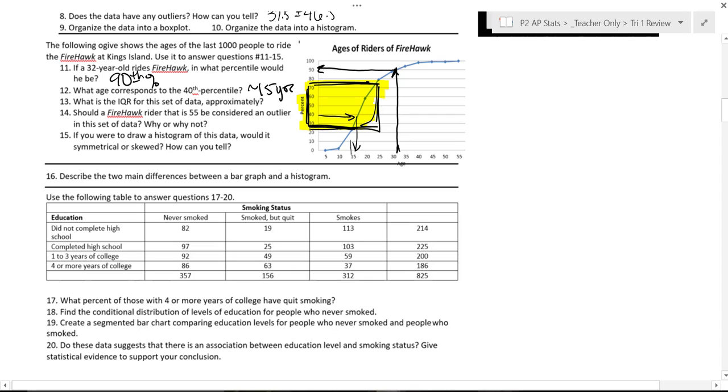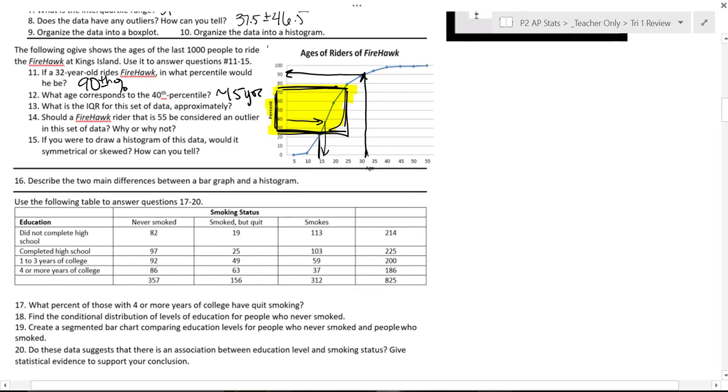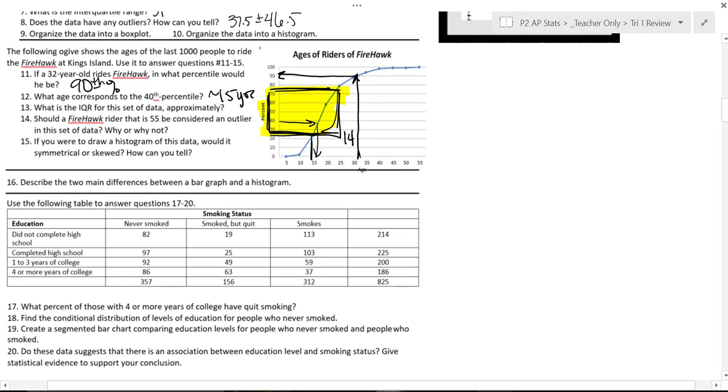The 25th looks like it's at about 14, all the way to the 75th percentile, which looks to be about, and I'm just making guesstimations here, about 21. So my IQR tends to be about 7.